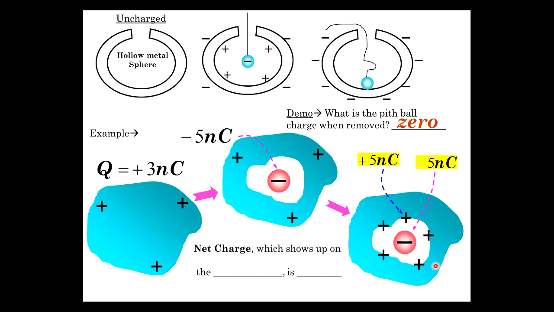Now any Gaussian surface will not enclose any charge. The net charge of the entire object, however, is going to manifest what the whole charge is. The actual charges: we had plus 3 and we have minus 5. Sounds to me like that's minus 2. It's going to show up on the surface, and it is minus 2 nanocoulombs. So there they are.